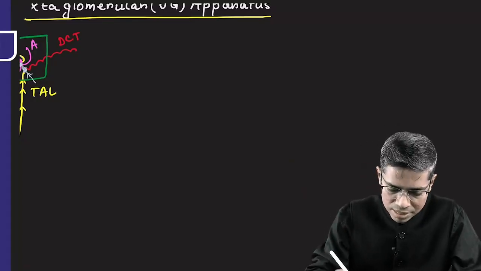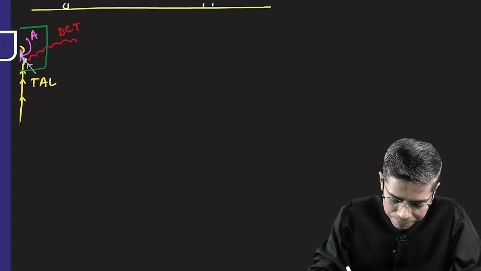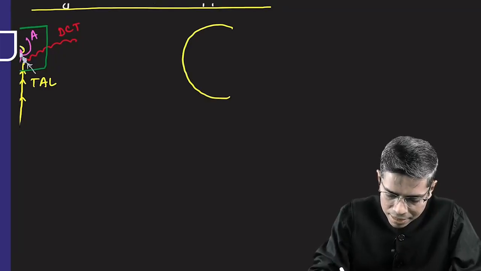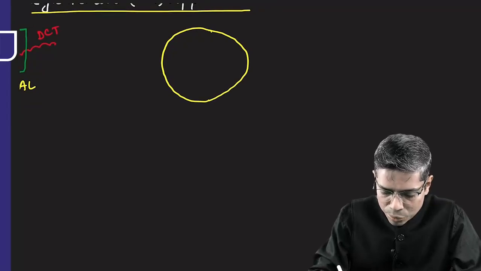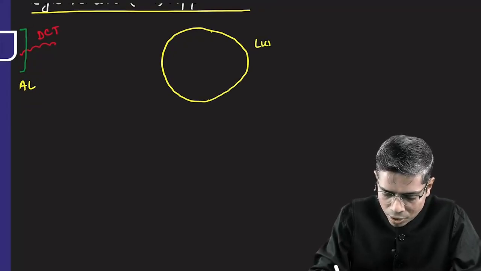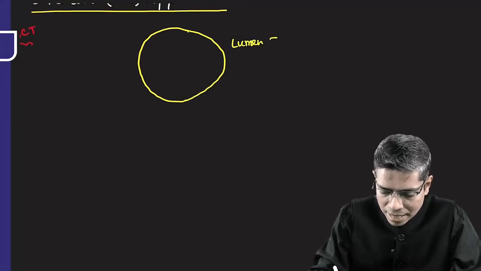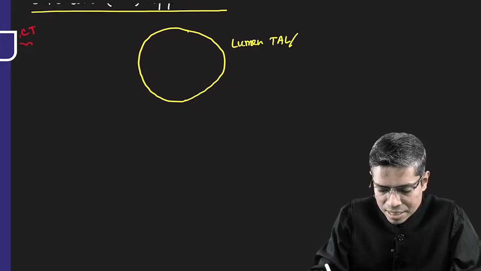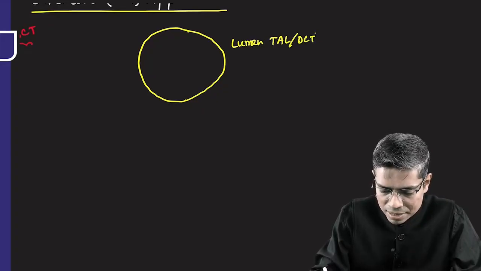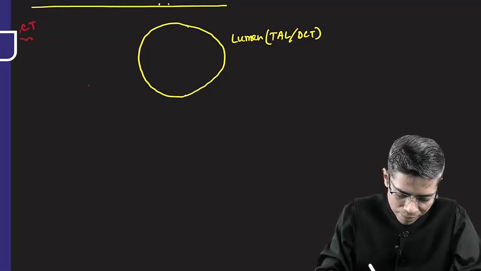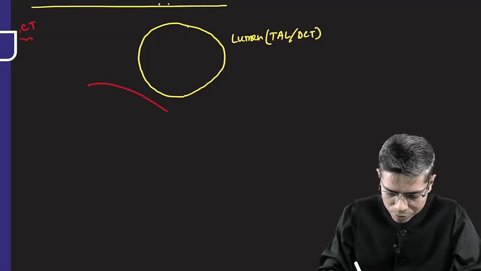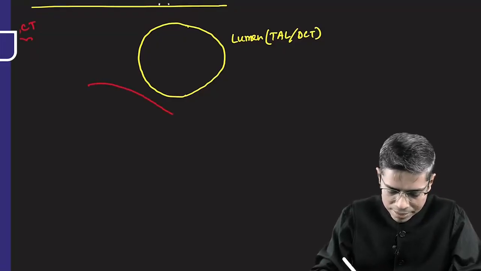What I told, first I am going to get this TAL DCT junction lumen. So this is the lumen of the TAL and DCT junction, thick ascending limb of loop of Henle and DCT junction, right? Then outside this lumen, I am going to get the glomerular capillary.